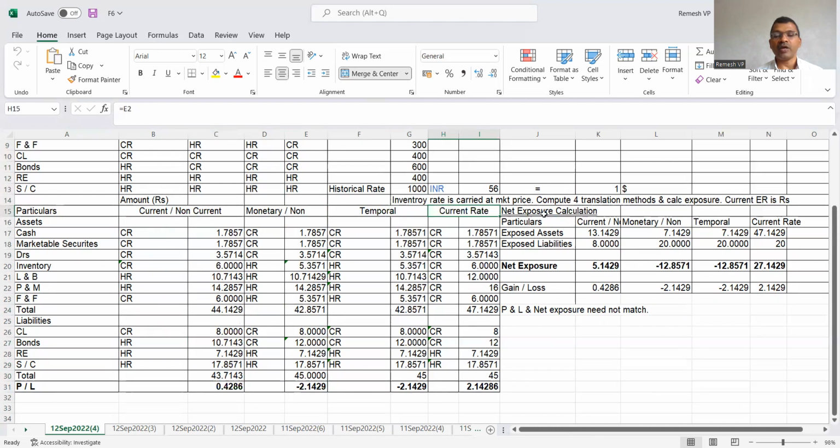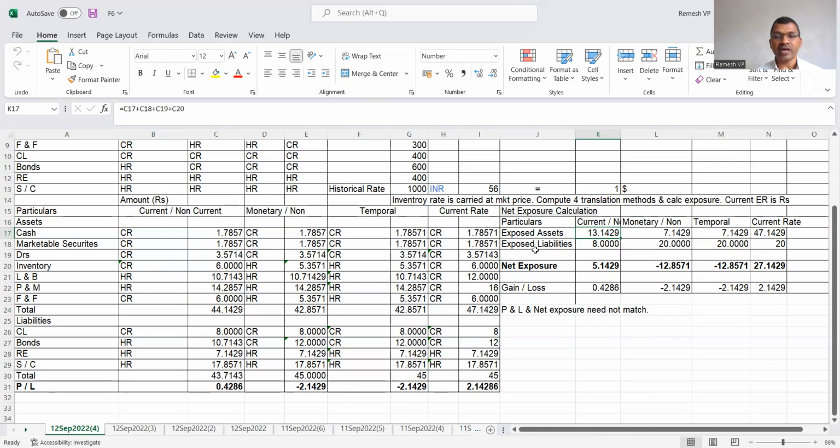Now, next we calculate the net exposure. In the net exposure calculation, the particulars and all the different methods, current and non-current, monetary and non-monetary, temporal, and current rate, are written here. In the exposed assets row, we add up the total conversions available under the current rates.